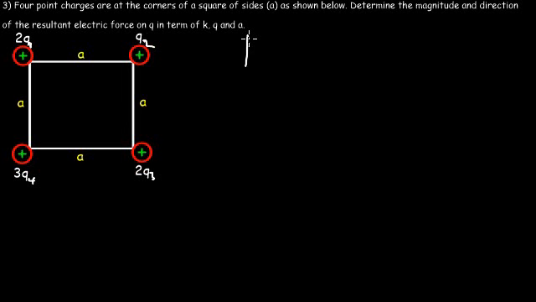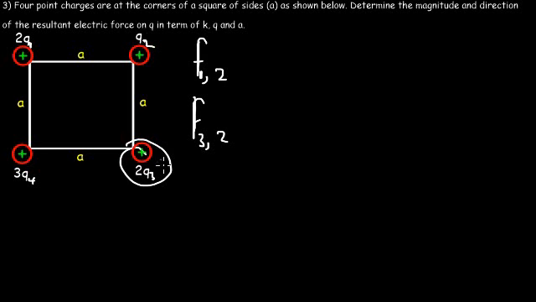So what will be F sub 1,2, the electric force of charge 1 on charge 2? Also, what will be F sub 3,2, the electric force of charge 3 on charge 2?